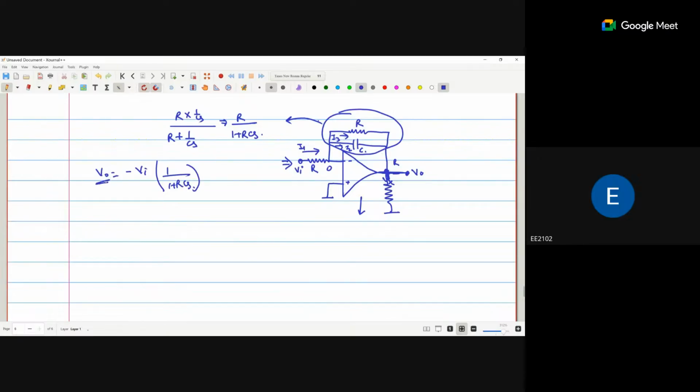So this output voltage is dependent on this resistor and this capacitor, not on RL. V naught is not a function of RL. So the benefit of that is that if you change the load RL, the frequency remains constant.